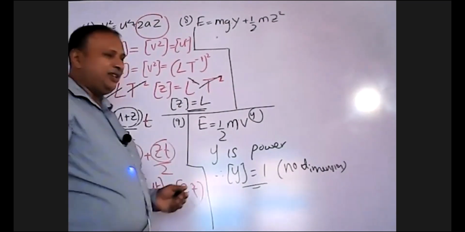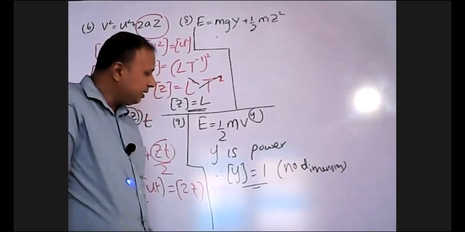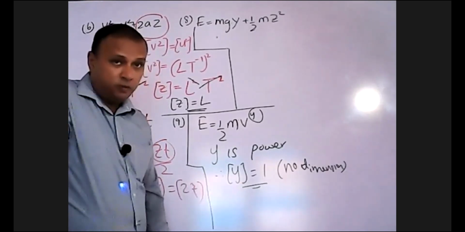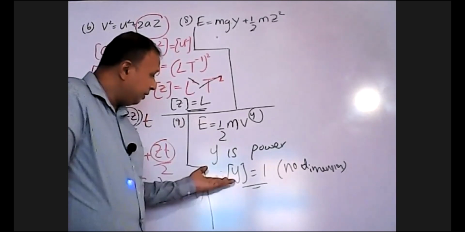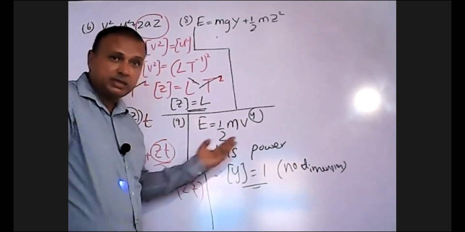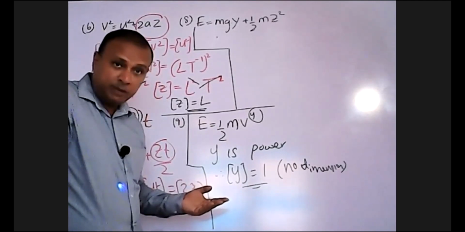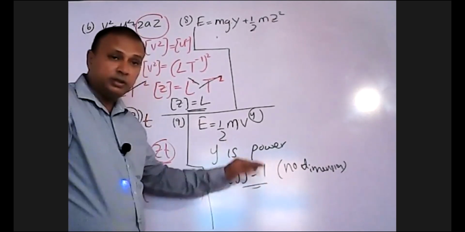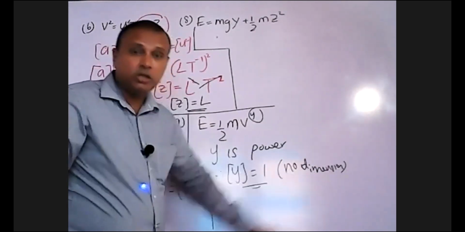Because in your first term test exams, you may have to determine the dimensions of this kind of expressions. So once you determine the dimension of a physical quantity as 1, do not keep it as 1. Within the bracket, write no dimension.